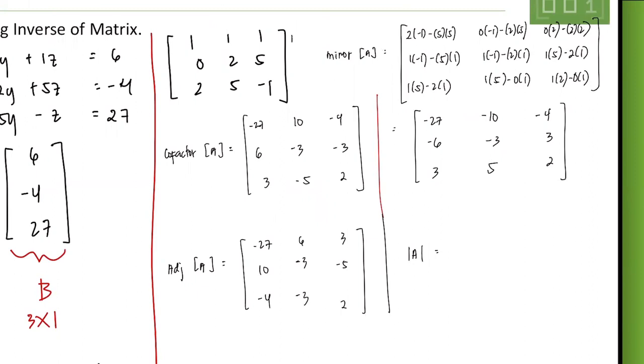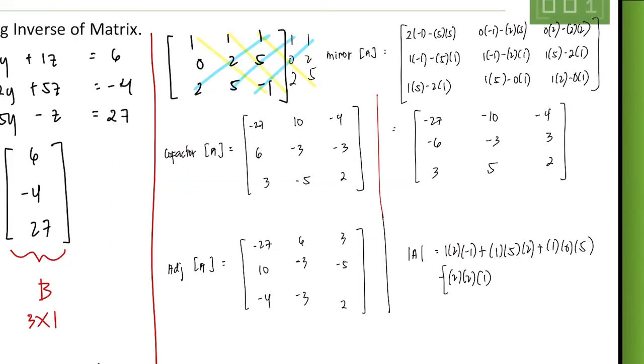So lagay ko lang dito 1, 0, 2, 1, 2, 5, and then okay, so 1, 2, negative 1, plus 1, 5, 2, plus 1, 0, 5, minus 2, 2, 1, plus 5, 5, 1, plus negative 1, 0, 1.